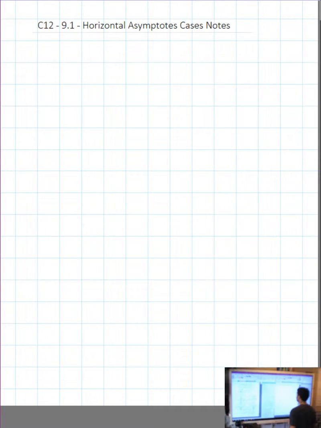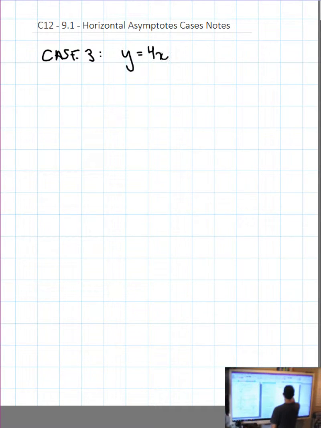So now we're going to have one more case. Case 3. So, case 3, if you read from the notes, if the exponent of x is the same on the top and the bottom. So let's take y equals 4x squared over 1x squared plus 2.